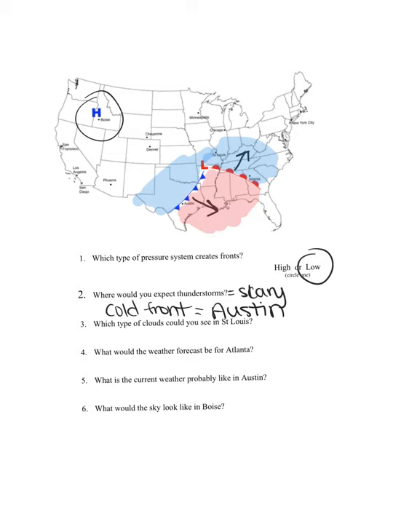All right, so my next one, which type of cloud could you see if you were in St. Louis? So we have to find St. Louis. St. Louis is right here. So in St. Louis, it's cool air. Cool air is heavier air, right? And so it's sinking down. So we don't have a lot of clouds. We're not going to have big sheets of clouds like stratus.